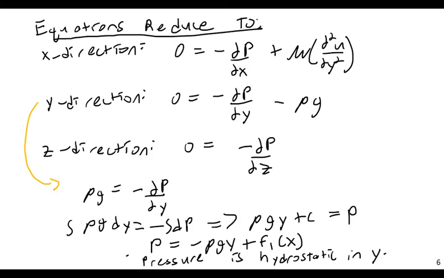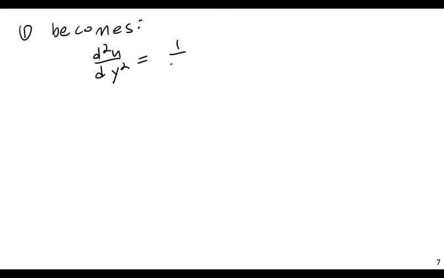I'm going to do a similar thing for this equation here. Let me just call this equation 1, equation 2, equation 3. So again, this from 2. Now 1 becomes, well, I can then say, okay, the d squared u over dy squared is equal to 1 over mu times dp dx.